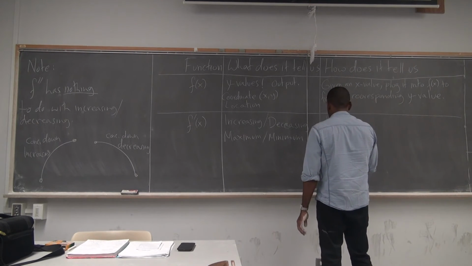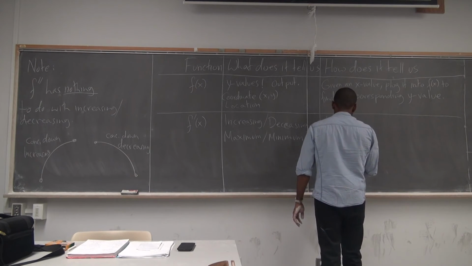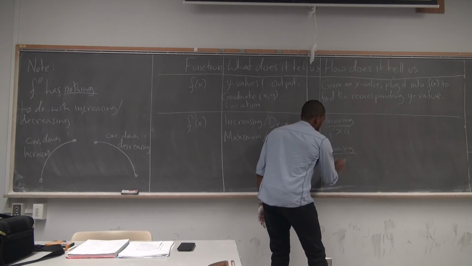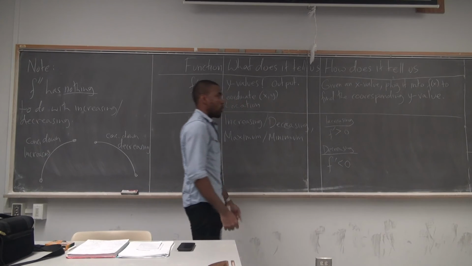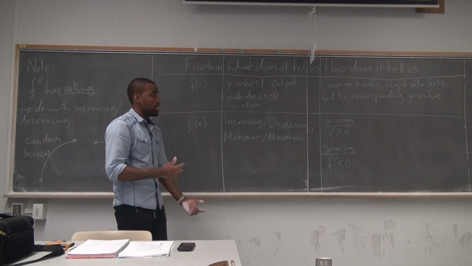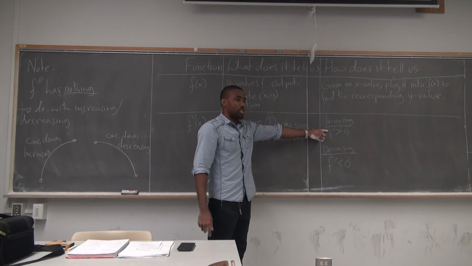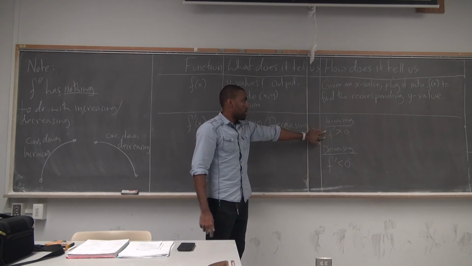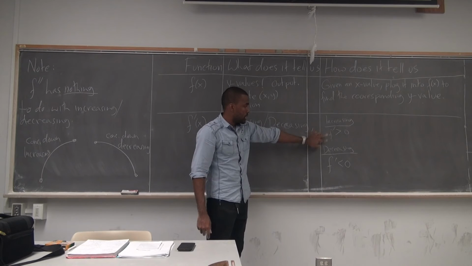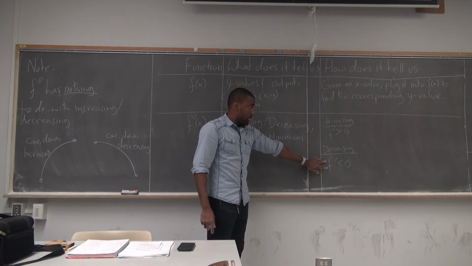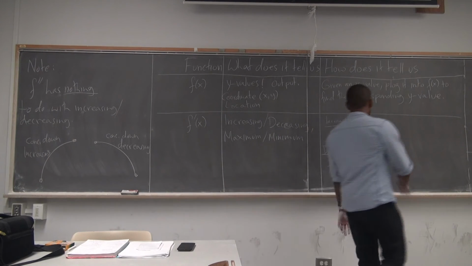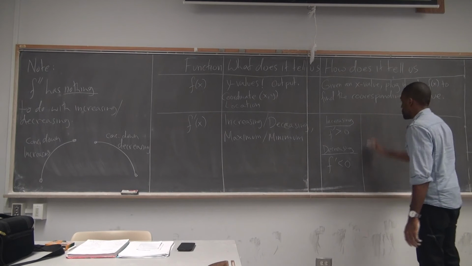Decreasing just means that the first derivative is negative. f prime is negative. So if I want to figure out where a function is increasing or decreasing without actually drawing its graph, all I need to figure out is where the derivative is negative or positive. Positive first derivative means increasing. Negative first derivative means decreasing. So how would you use this, for example, to figure out a maximum?